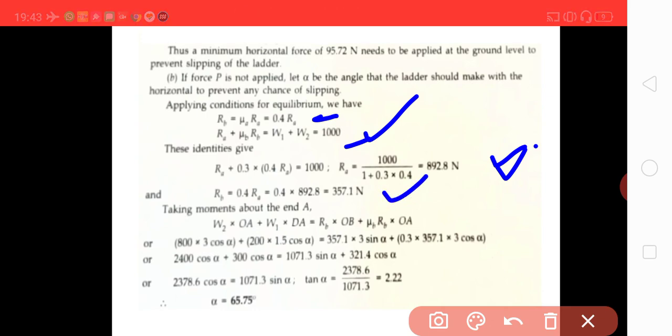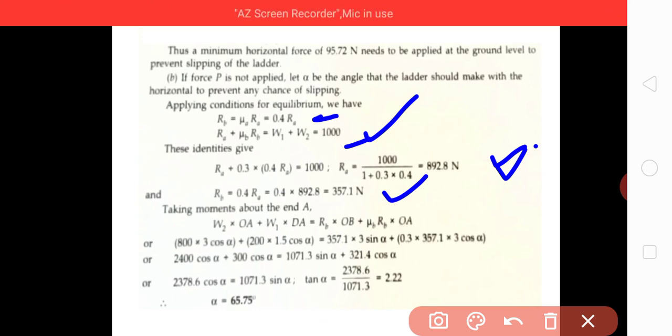Taking moment about the end A. Here we are taking moment about A because there are two unknowns passing through this. So W2 into OA plus W1 into DA equal to RB into OB plus mu B RB into OA.